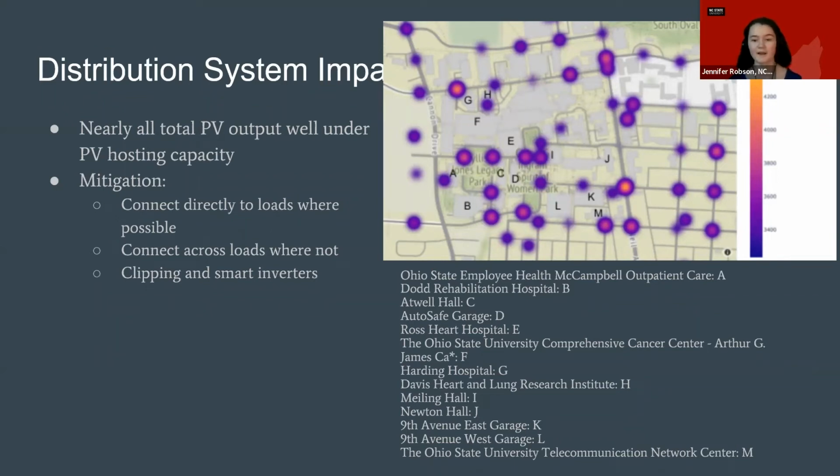However, to mitigate any potential overvoltage conditions, we're connecting the PV directly to the loads where possible, such that panels on top of buildings will be connected directly to those buildings, producing minimal output to the grid. Furthermore, because batteries are not financially sustainable, as will be talked about in further slides, we will connect the PV output across loads.